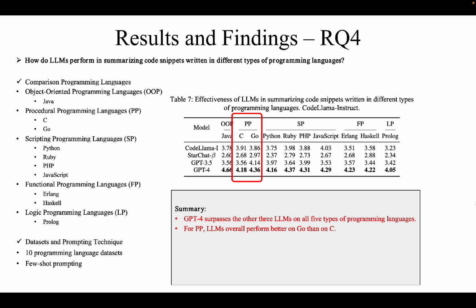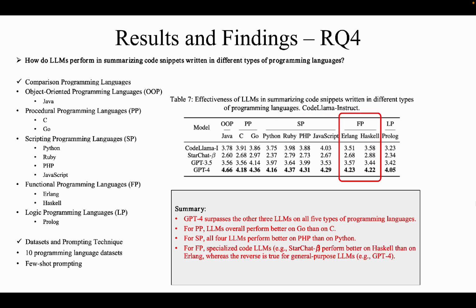For procedural programming languages, LLMs overall perform better on Go than on C, and for scripting programming languages, all 4 LLMs perform better on PHP than on Python. For functional programming languages, specialized code LLMs perform better on Haskell than on Erlang, whereas the reverse is true for general-purpose LLMs. And all the 4 LLMs perform worse in summarizing logic programming languages than in other languages.